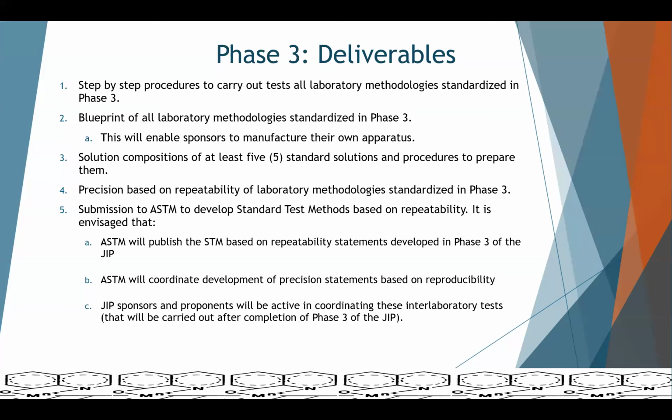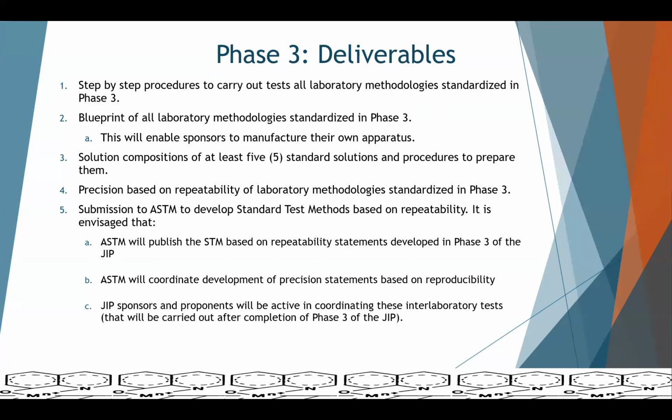Obviously, the primary objective is to establish precision based on repeatability for all the 8 methodologies. And we'll submit these results to either ASTM or AMP to develop standard test methods based on repeatability. Our JAP starts there by producing repeatability.